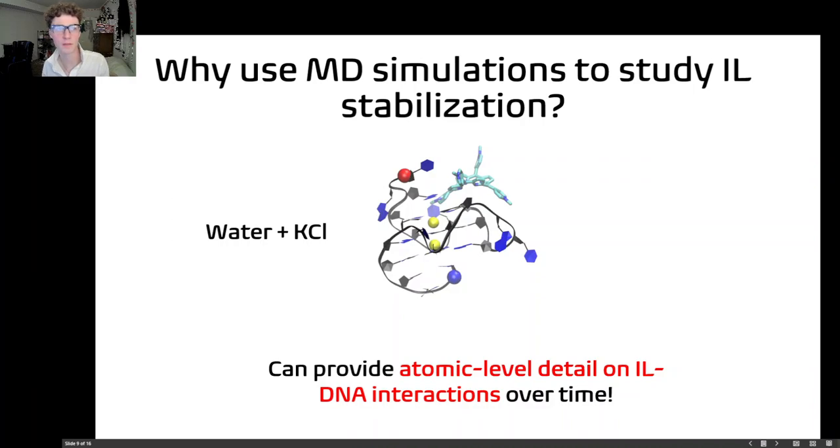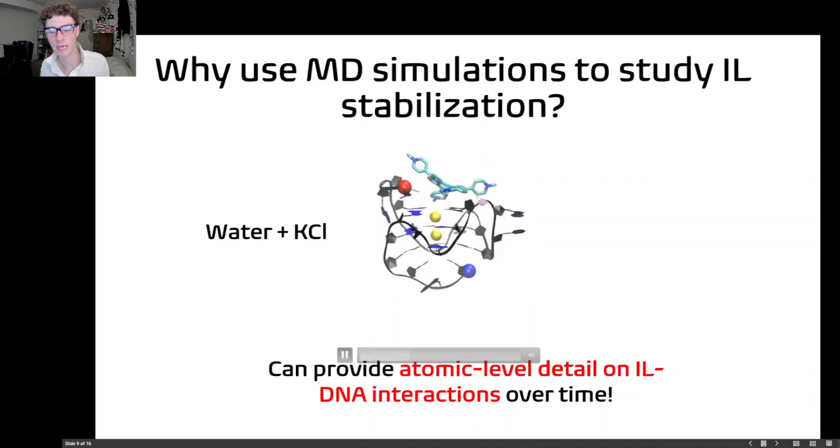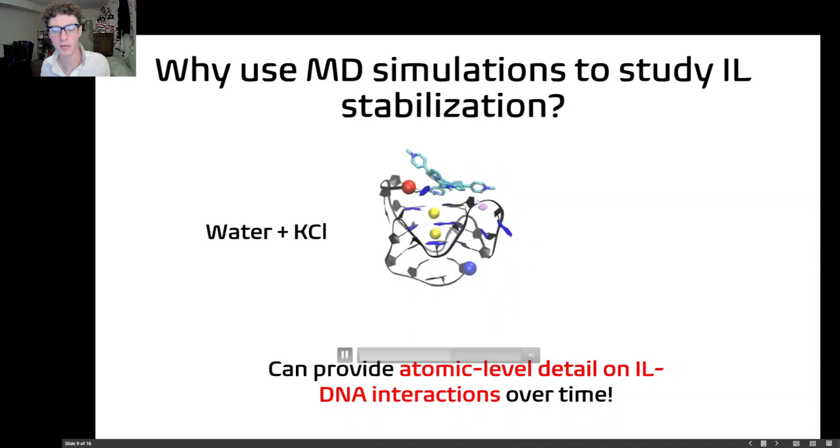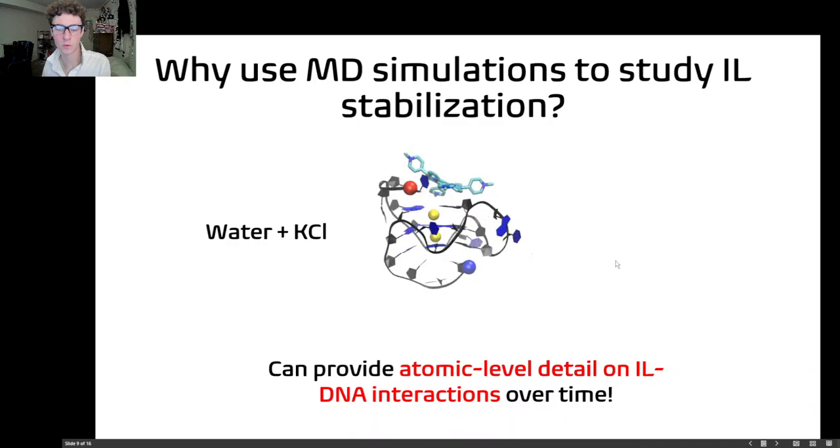We know from the thermal melting experiment that the ionic liquid OMIMCl can stabilize this quadruplex at 90 degrees centigrade versus 80, but we don't know how. For instance, we can see the interaction between an anti-cancer drug and this particular Pu22. We can't really measure that very easily with experimental techniques.